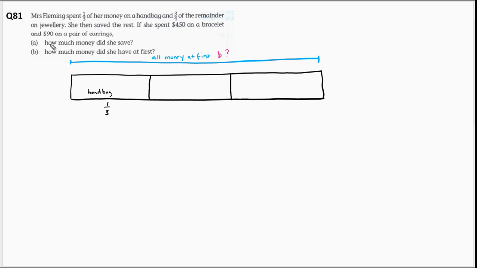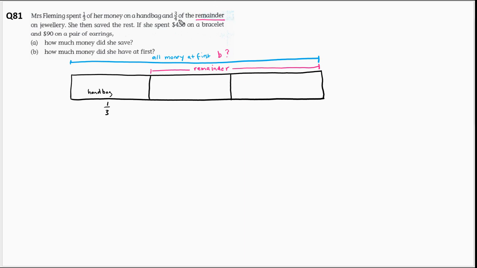So 1/3 of her money on the handbag and 3/4 of the remainder on jewelry. I think what we should do is label the remainder that's being referred to here. This is this remainder.